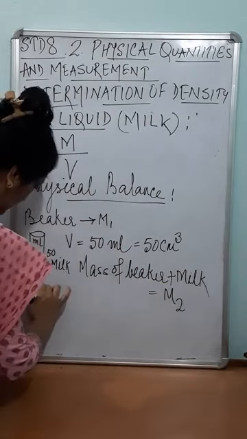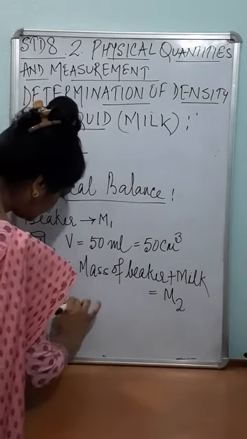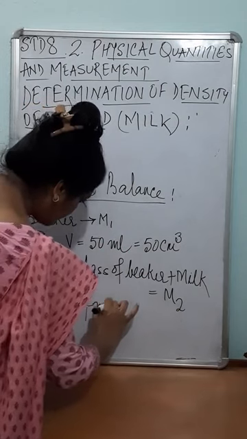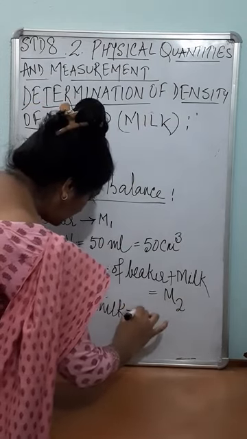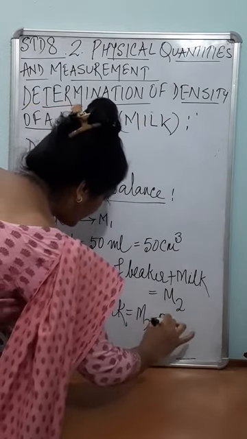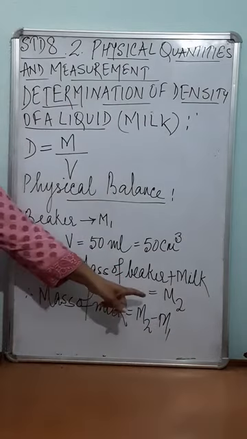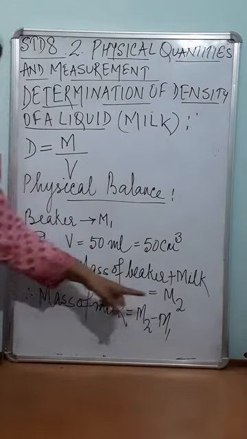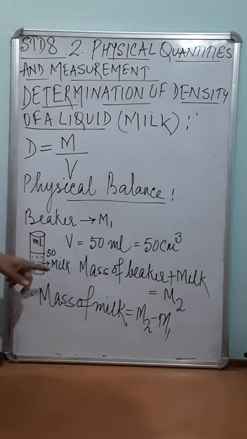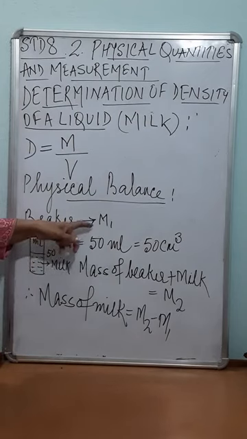Therefore, mass of milk will be M2 minus M1. Suppose this is 60 grams and this one, the mass of the beaker, is say 20 grams.